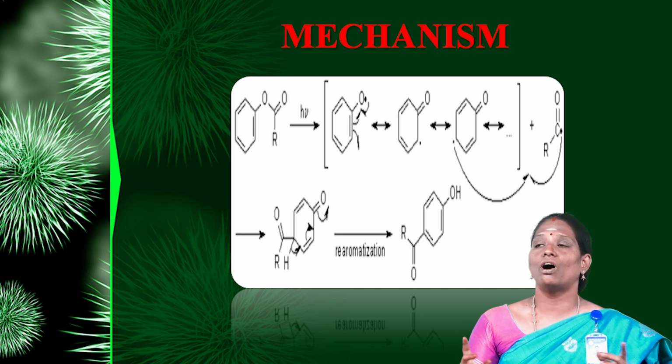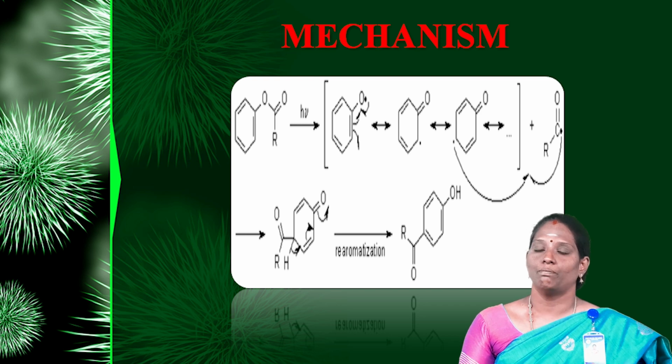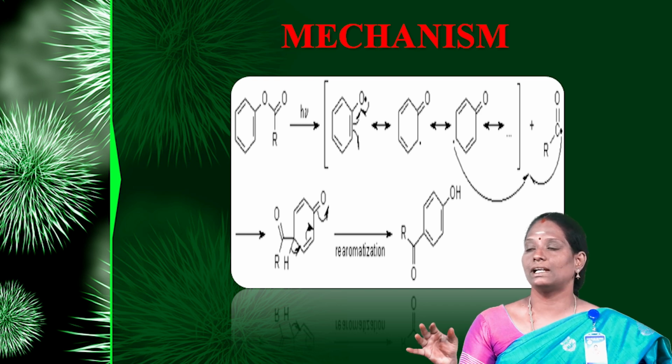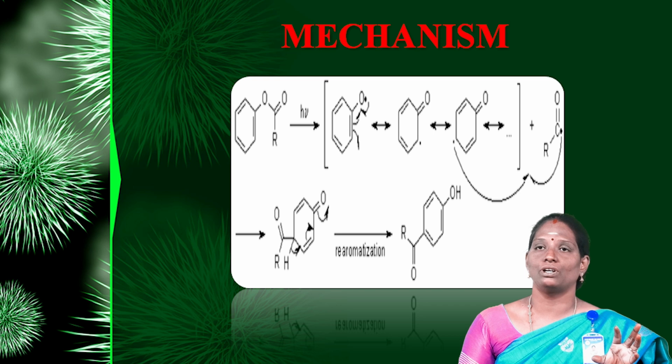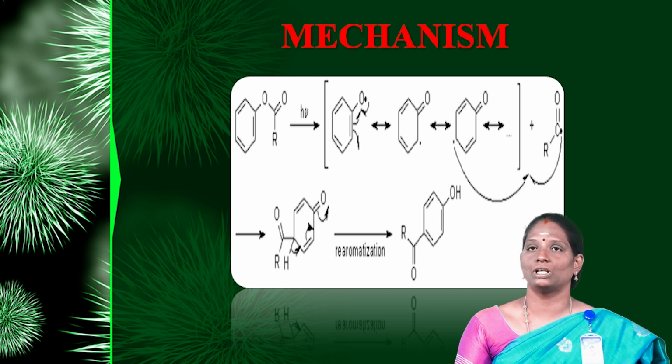Now the bond between the phenolic oxygen and the acyl complex becomes polarized, resulting in the rearrangement of the aluminum trichloride bond to the phenolic oxygen.